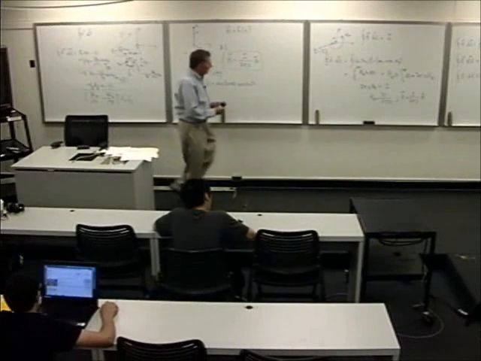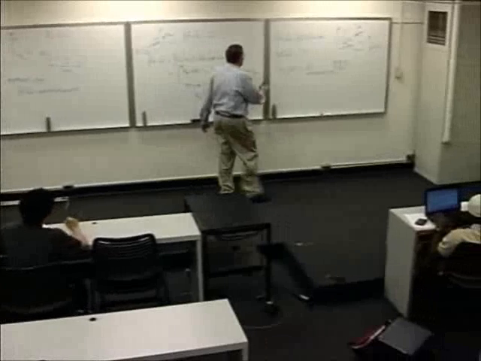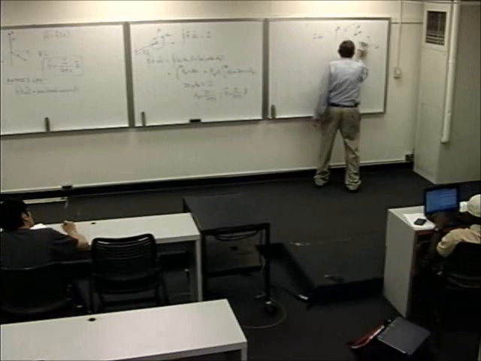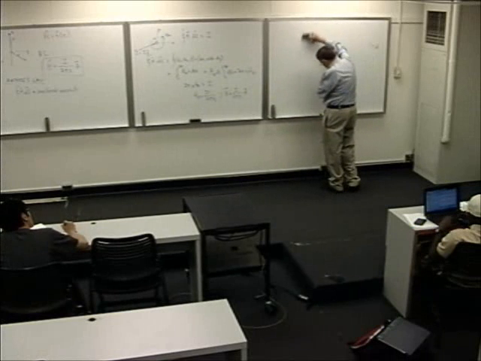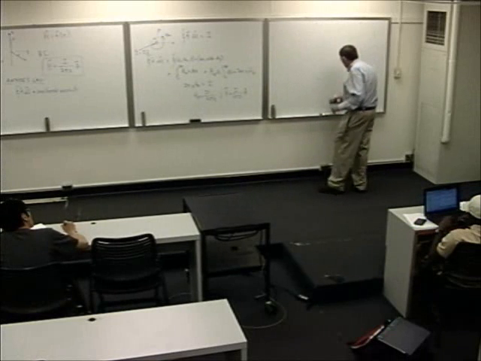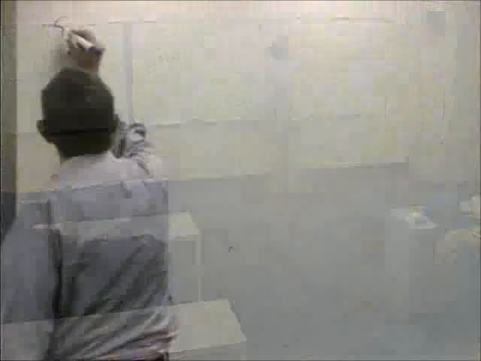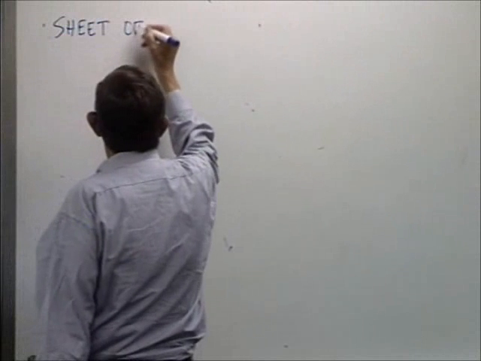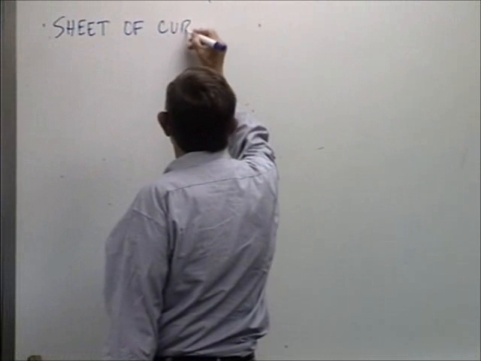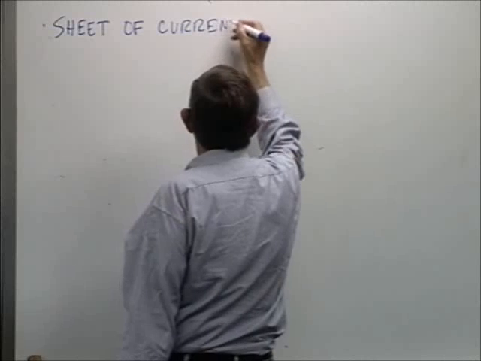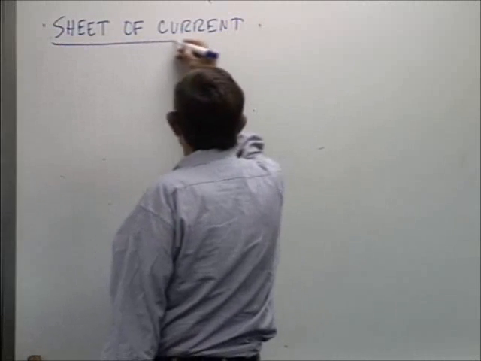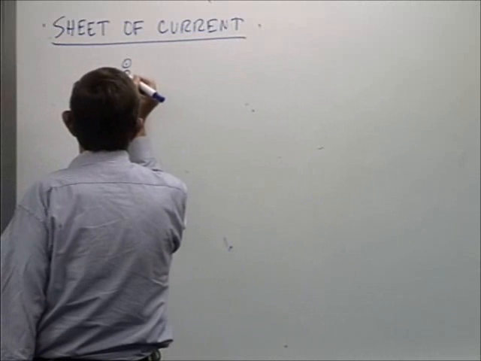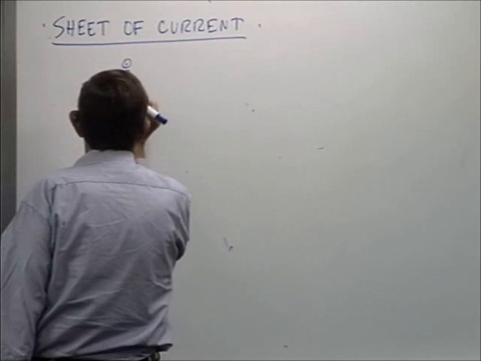Okay, so that's a line of current. Let's consider a sheet of current. Let's say I have these little current elements coming out of the board.